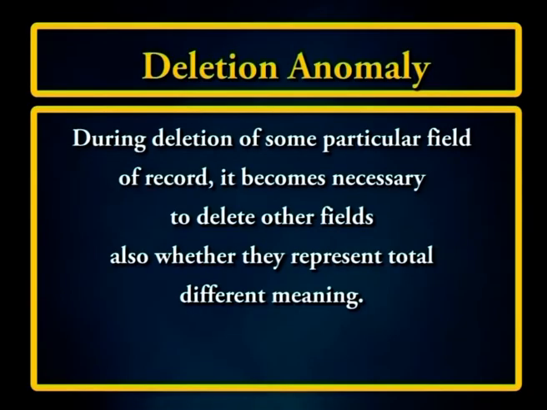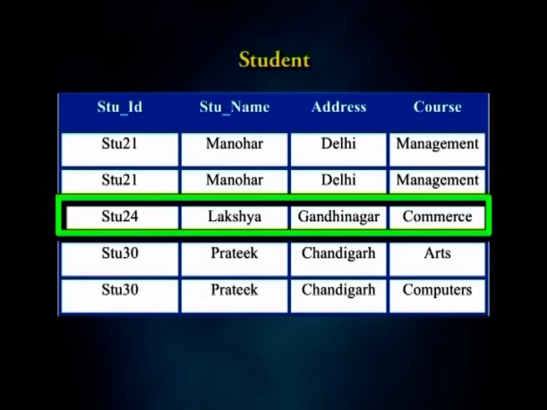So, our last anomaly is deletion anomaly. During the deletion of some particular field of a record, it becomes necessary to delete other details also, even though they represent a totally different meaning. For example, the relation student suffers from this type of anomaly.